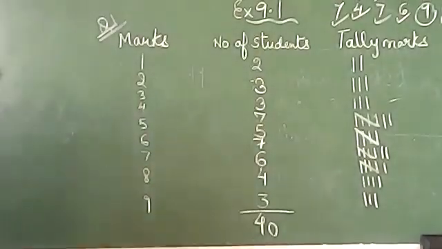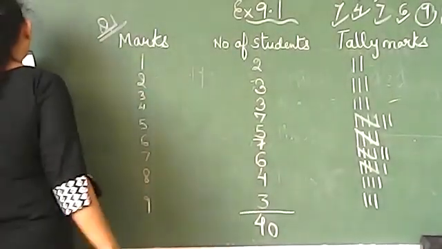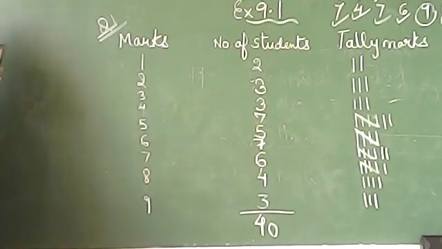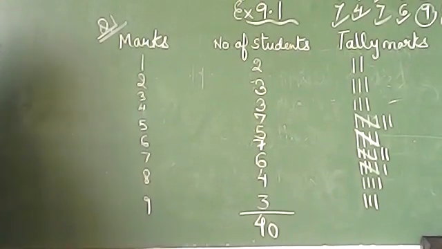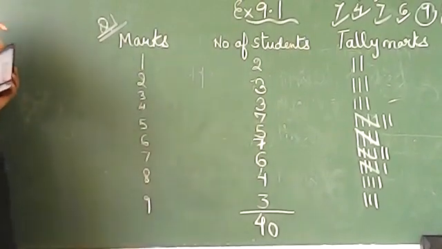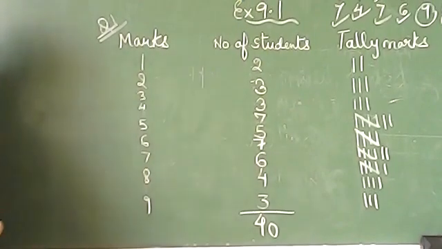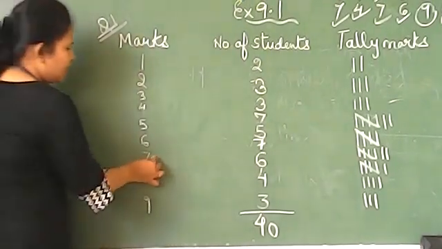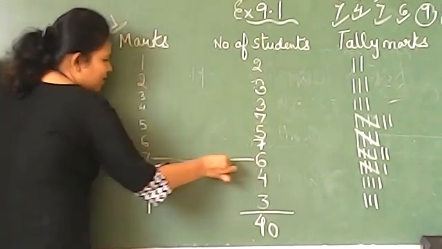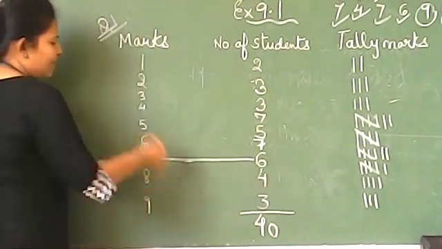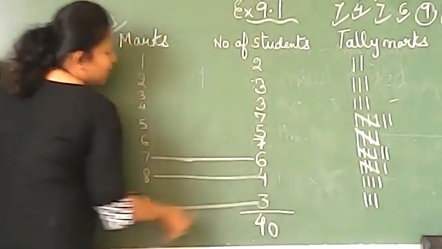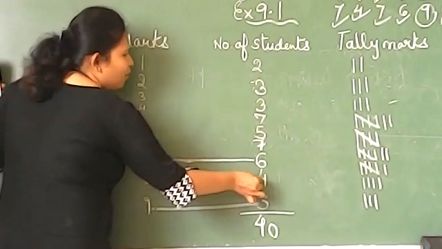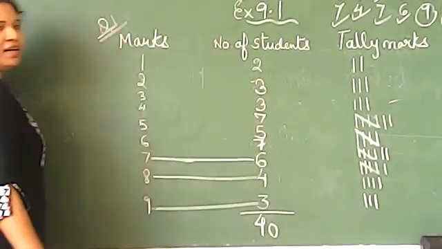So now this is all about question number 1 tally marks table. Now it is telling find out how many students obtained marks equal to or more than 7. How many students have got 7 and more than 7 marks? So now look at here, how many students got 7, beta? 6 students got it. What does more than 7 mean? We have 8 also and 9 also. That means 6 plus 4, 10, 10 plus 3, 13.